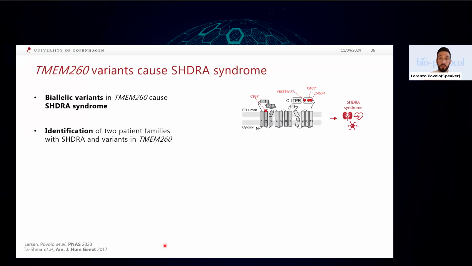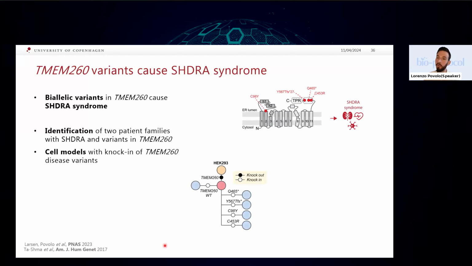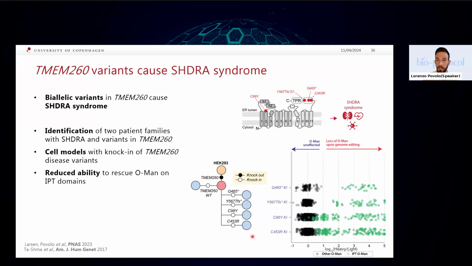So the approach here was to generate cell models like we have seen before in the presentation, in which I knocked in variant genes of TMEM260 in TMEM260 knockout cell lines, which I could assess with differential glycoproteomics approaches.